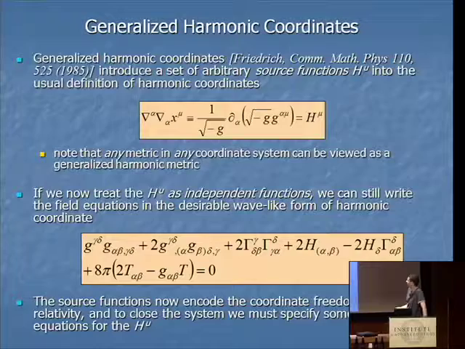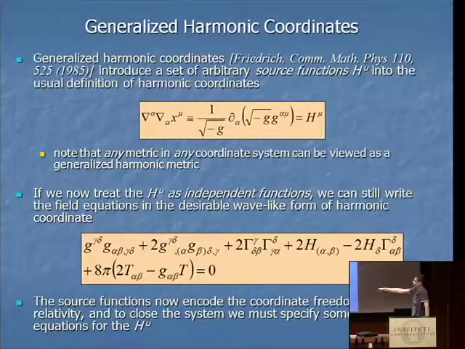And the trick then is the same manipulations that were done before: differentiating these things to try to get rid of the terms that destroy the hyperbolicity of the field equations. You plug them into the field equations, and you get this system of equations. This is exactly the same as we had before, except if you substitute H equal to 0 for harmonic, you get these extra terms. But the same sort of trick has worked here to fix the character of the principal part of the field equation.